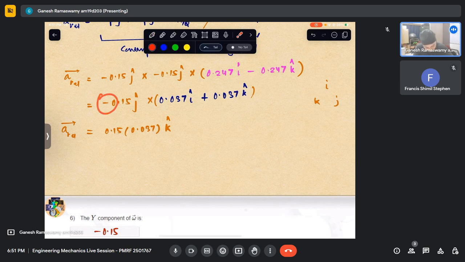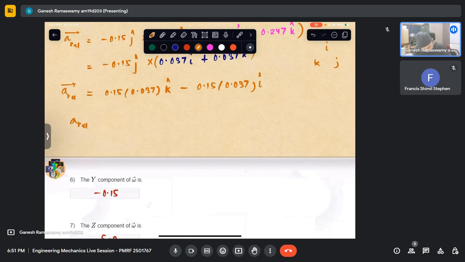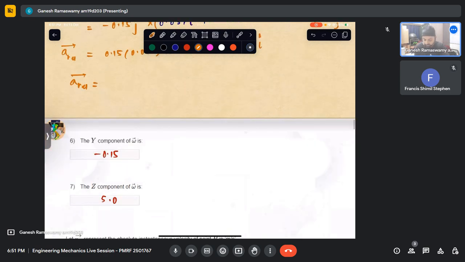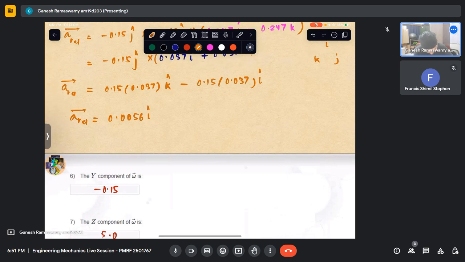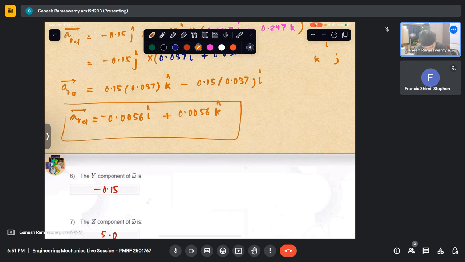So I have minus 0.15 into 0.037 I. So again, AREL will be minus 0.0056 I plus 0.0056 K. This is my AREL.